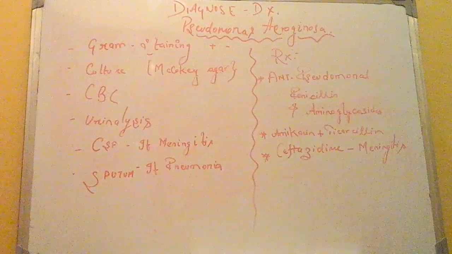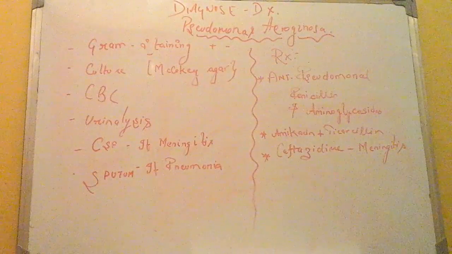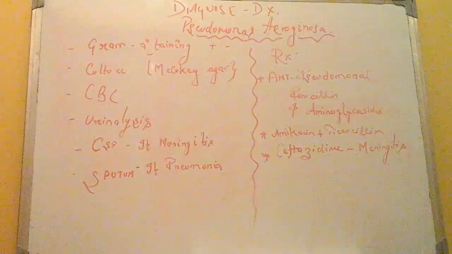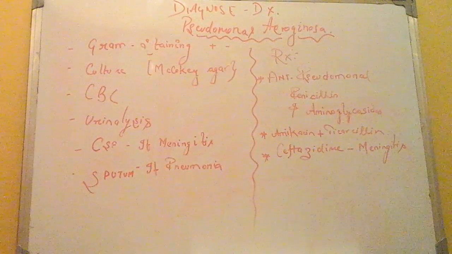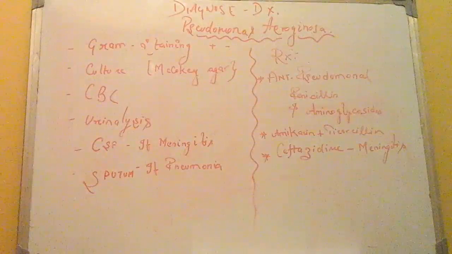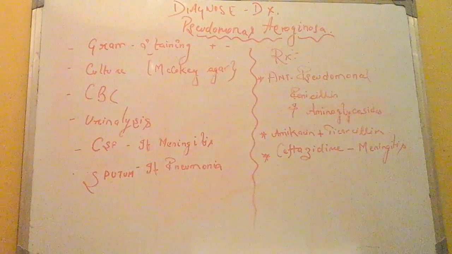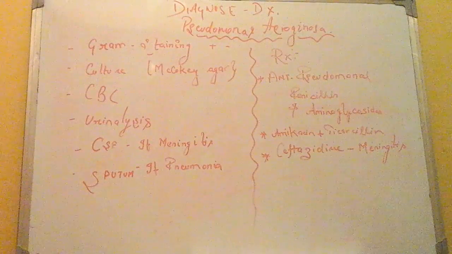The anti-pseudomonal penicillins are widely available in the markets. Aminoglycosides. Then we can give the combination of amikacin, ticarcillin, and such others. If a patient is suffering from meningitis, then we can refer ceftazidime.